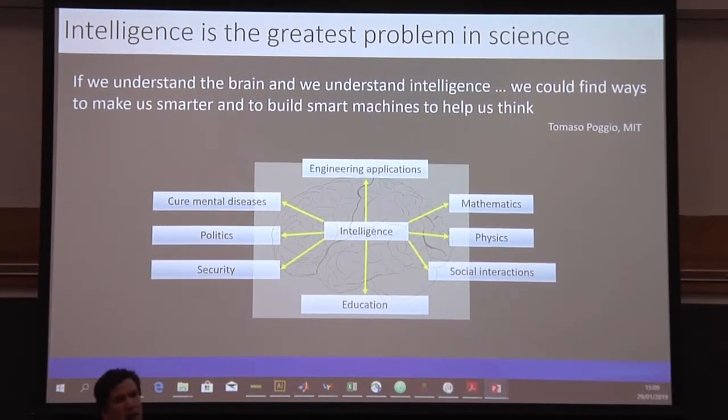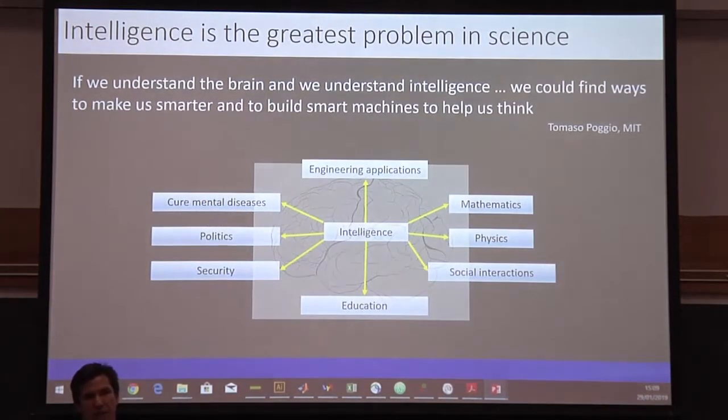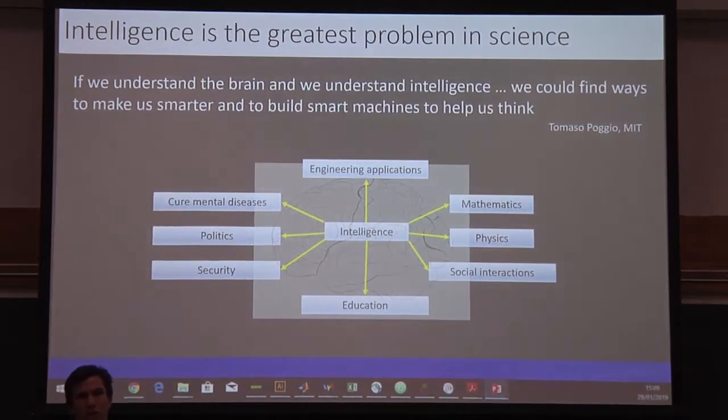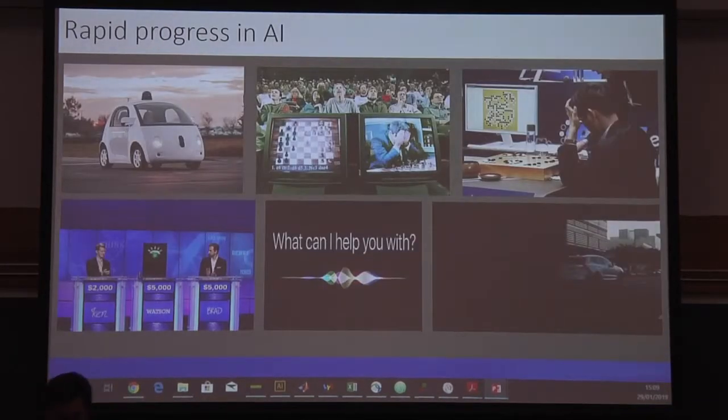And in addition to that, being able to solve the problem of intelligence may help us and have a major impact in terms of social interactions, in terms of politics, in terms of education, in terms of addressing mental diseases as well.